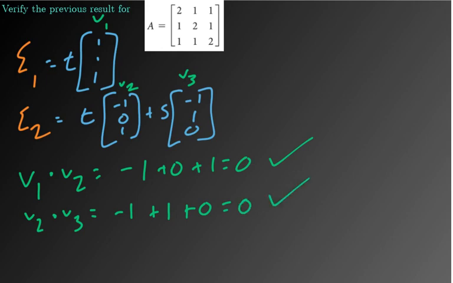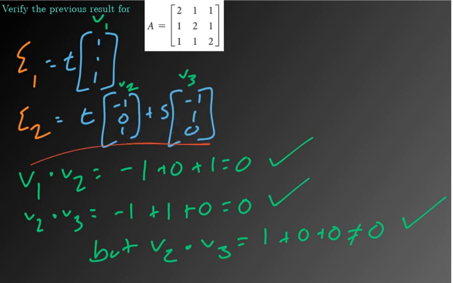Now notice if you do V2 dotted with V3, you get 1 plus nothing, which doesn't equal 0, but that's okay. I'm going to put a check mark on that too, because these two didn't have to be perpendicular. The only ones that had to be perpendicular were from distinct eigenvalues.